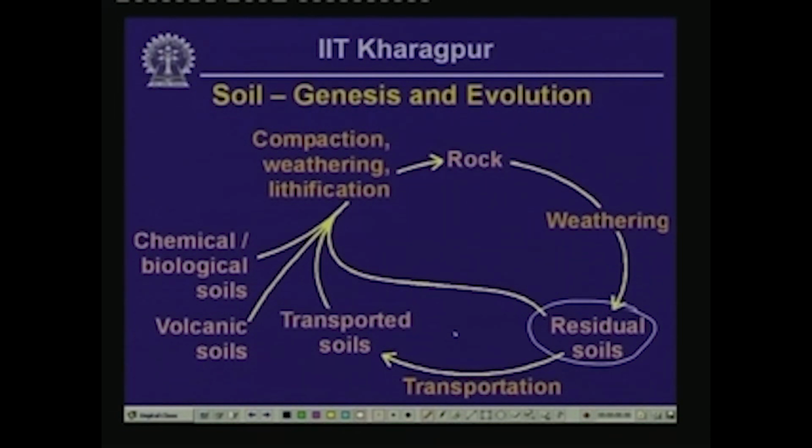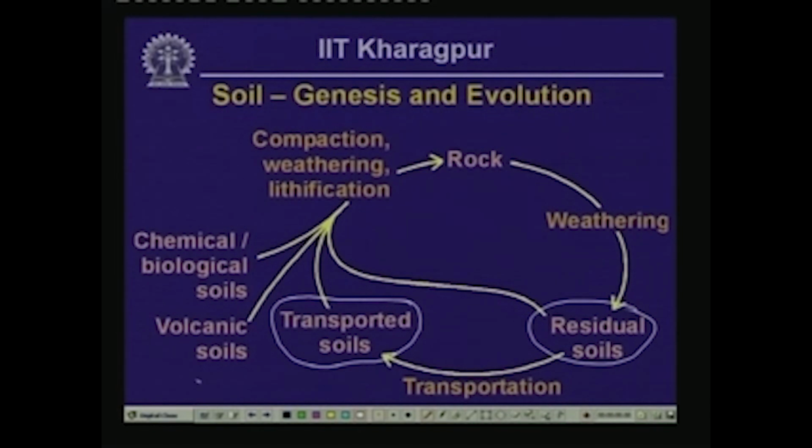Then residual soils can be transported from the place where they originally formed by different agents of transportation like water, wind, glacier ice, or even a submarine current, and they give rise to another class of soils called transported soils.